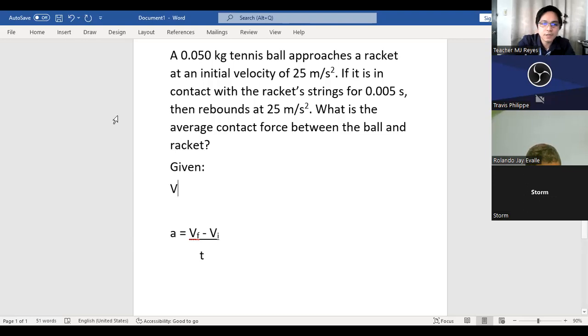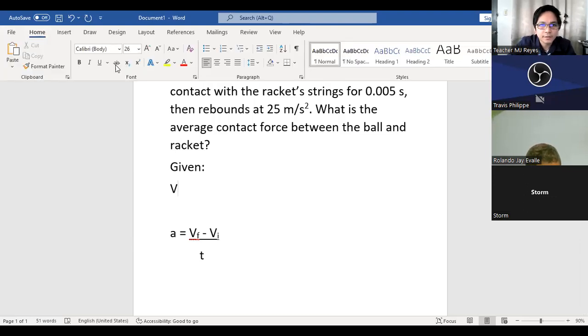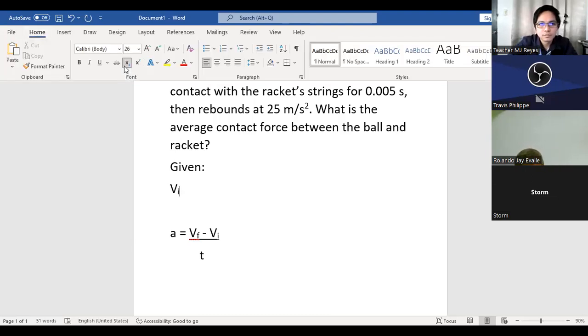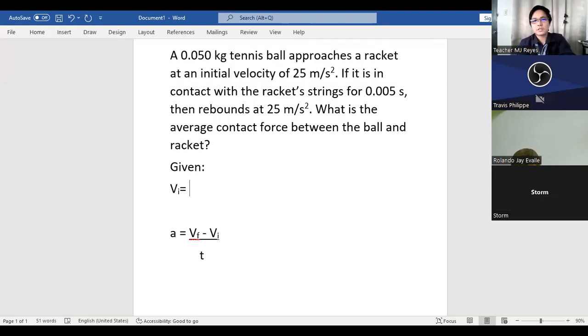What is the VI there? 25 meters per second. Yes. Are you sure? The initial velocity is 25 meters per second squared. Correct.